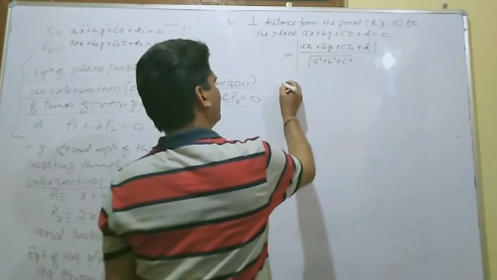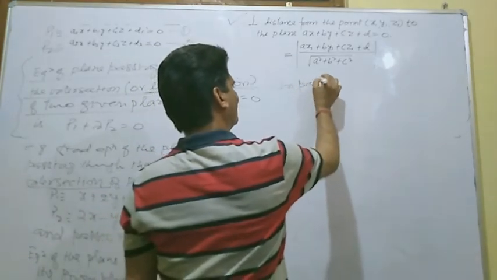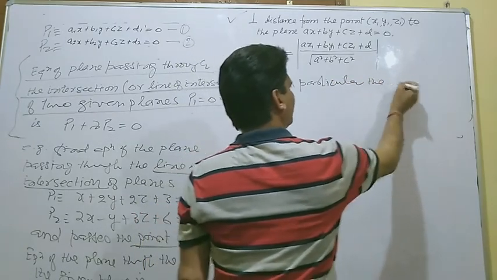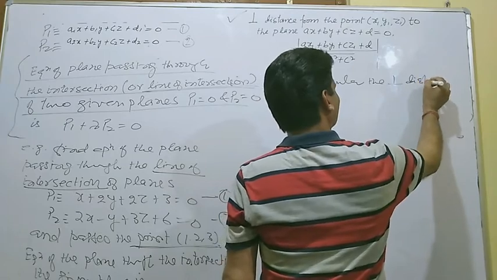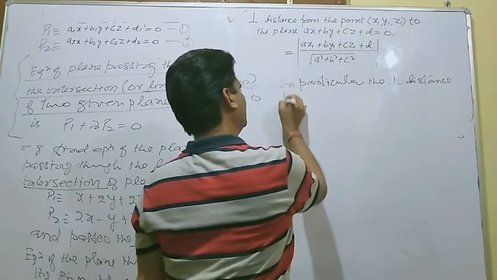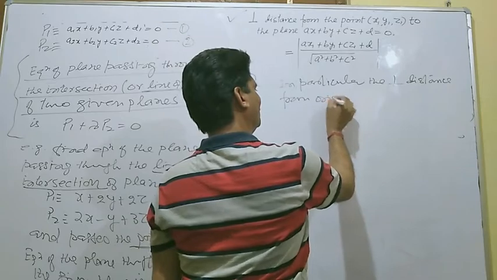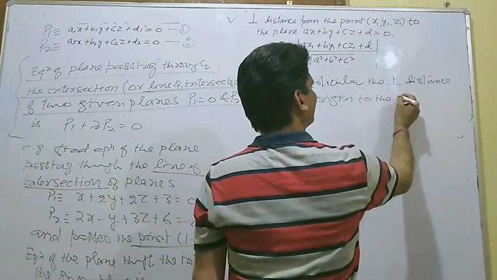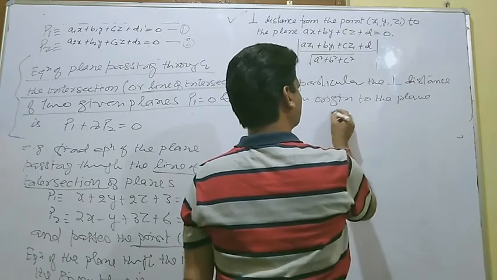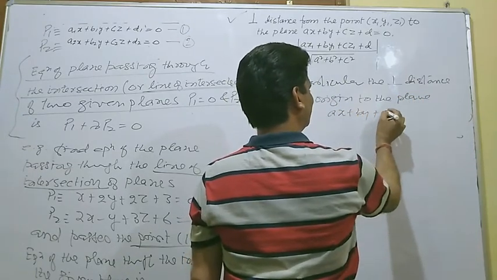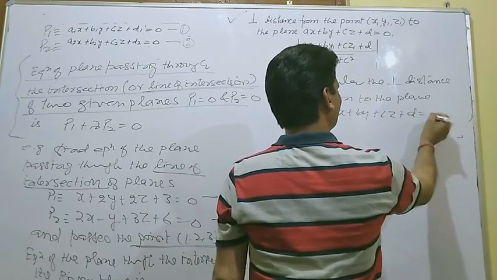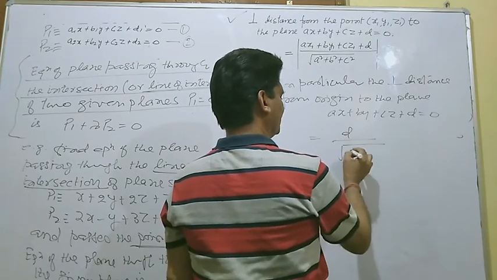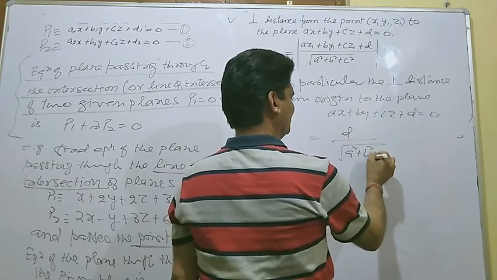So in particular, the perpendicular distance from the origin to the plane ax plus by plus cz plus d equal to 0 is mod d upon under root a square plus b square plus c square.